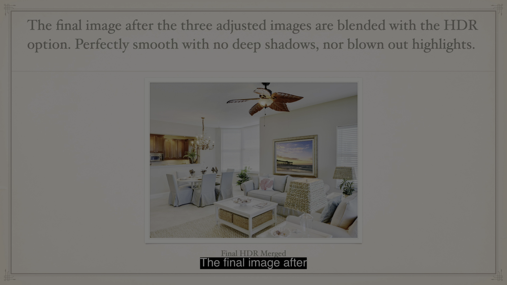The final image after the 3 adjusted images are blended with the HDR option. Perfectly smooth, with no deep shadows nor blown out highlights. And that's only one way of doing it. Most modern DSLR cameras come with the HDR blending option for framing different photos at different exposures built into the camera.